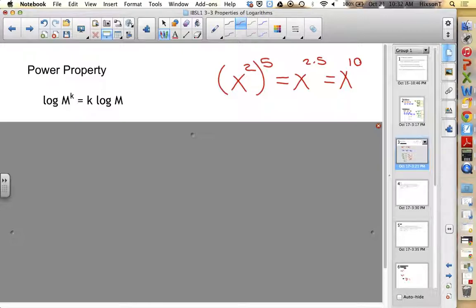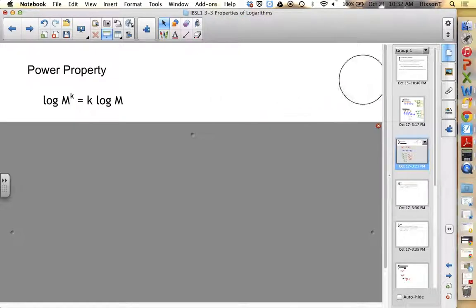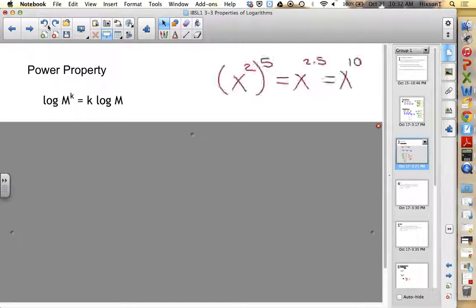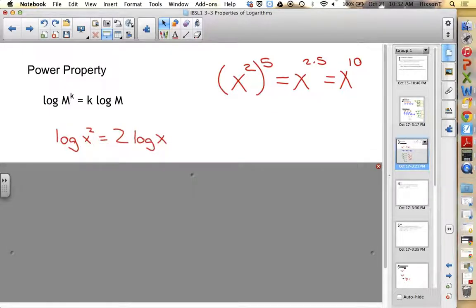Okay? So, if we have the log of x squared, we could rewrite that as 2 log of x.